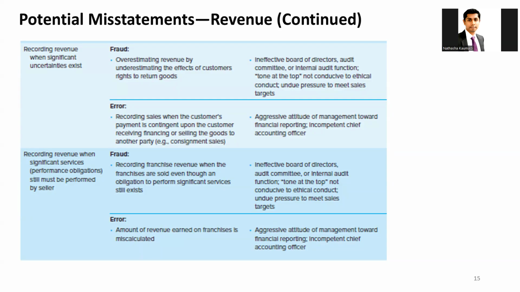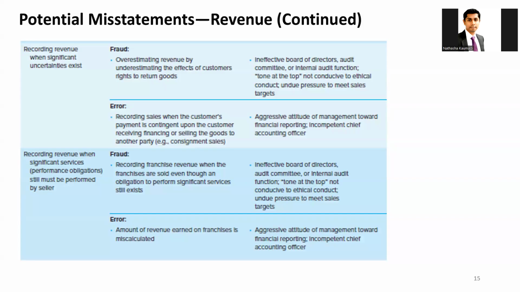You know that because there were some price disputes, quantity disputes. You know that these customers will return the goods for sure. But despite those uncertainties, you are trying to overstate the sales revenue. That is a fraud, because knowing the situation very well, you are trying to overstate the revenue.